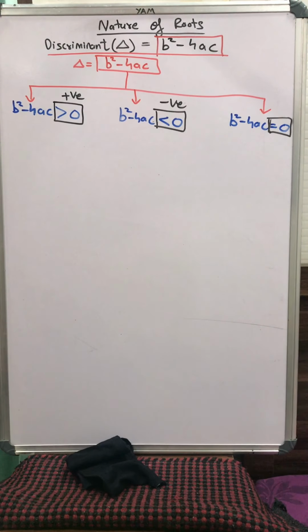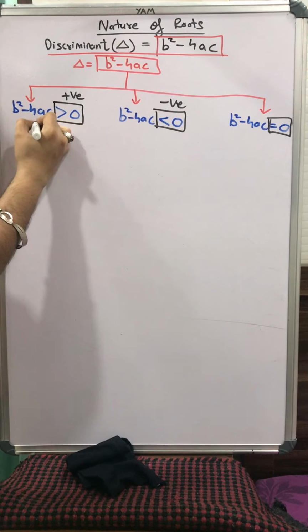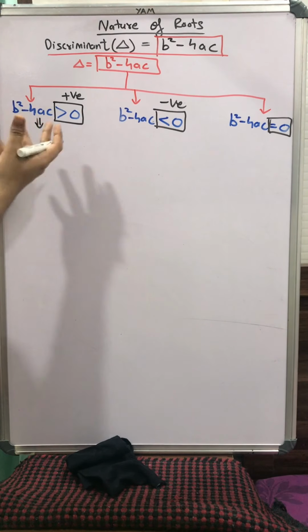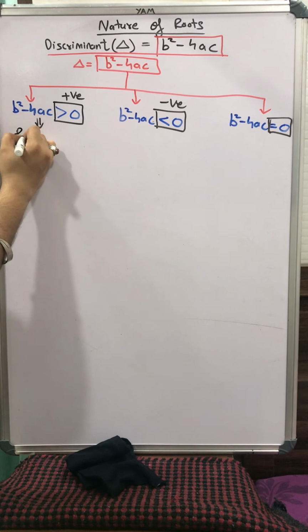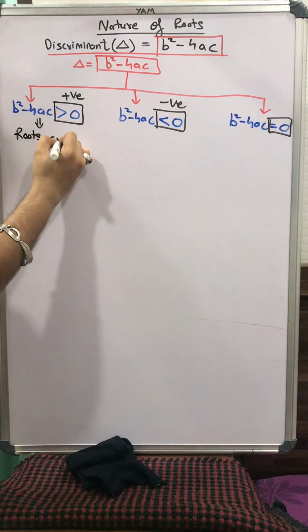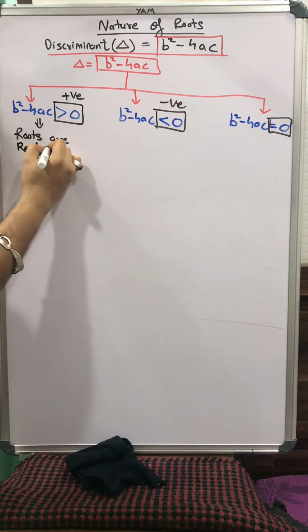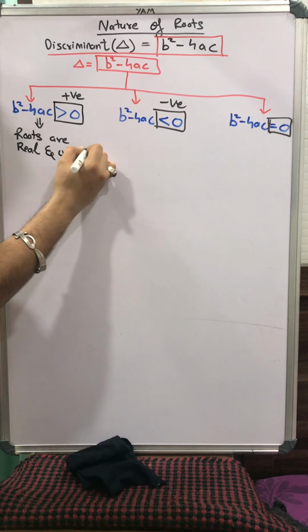Now pay very careful attention, this is a very important part. If the value of b square minus 4ac is greater than 0, then we say the roots of the given quadratic equation are real and unequal.